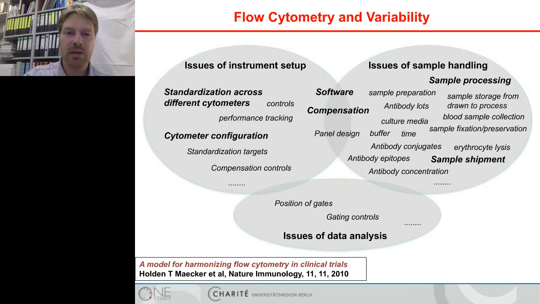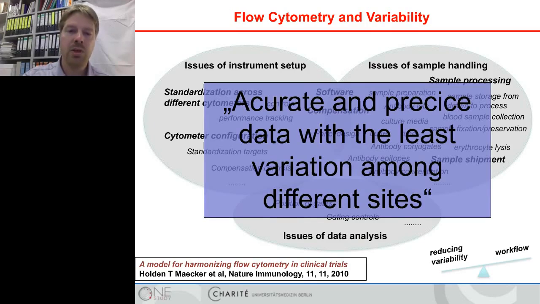These 3 complexes bear a lot of variables that need to be controlled to measure accurate and precise data with the least variation among different sites. But we have to keep in mind that a reduction of variability could also lead to an increase of the workflow, and we have to find the balance between both points.